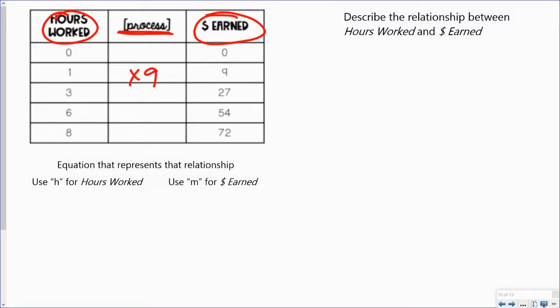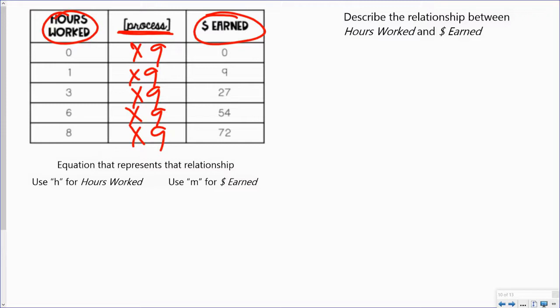And then to get from 3 to 27, I'm also multiplying by 9. From 6 to 54, also multiplying by 9. 8 to 72, also multiplying by 9. And then to get from 0 to 0, I would also multiply by 9.